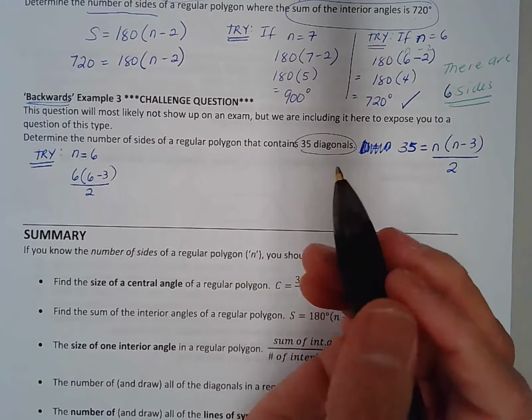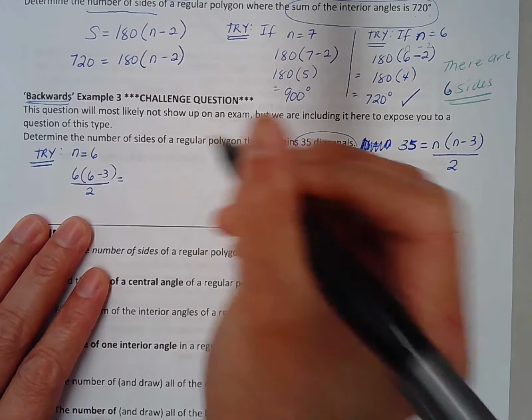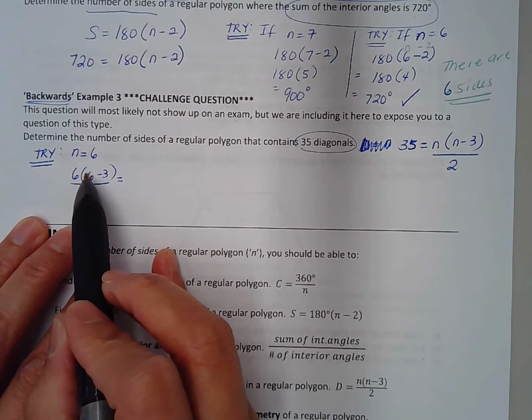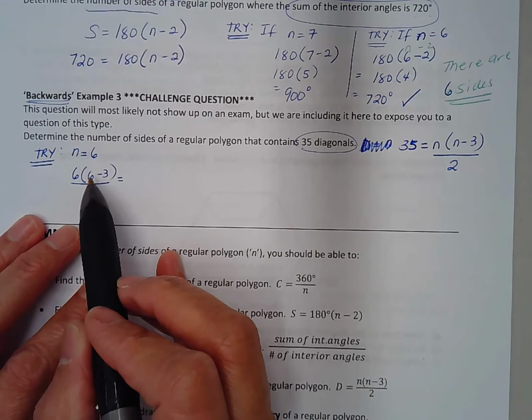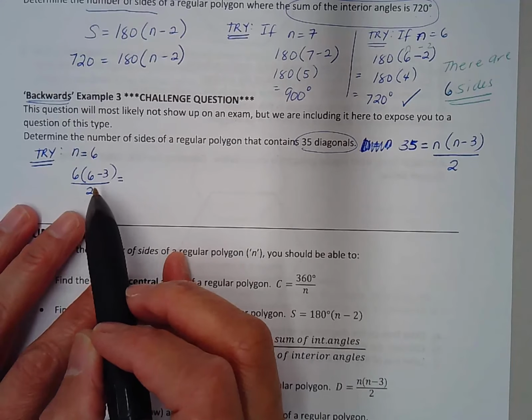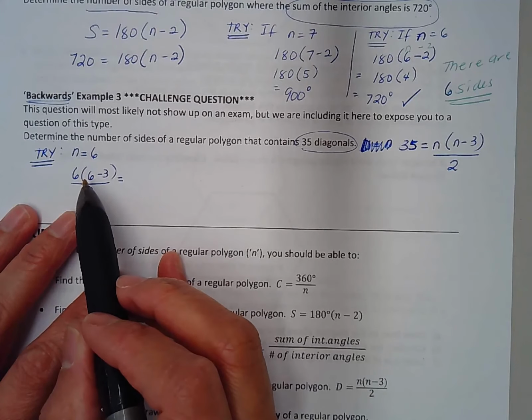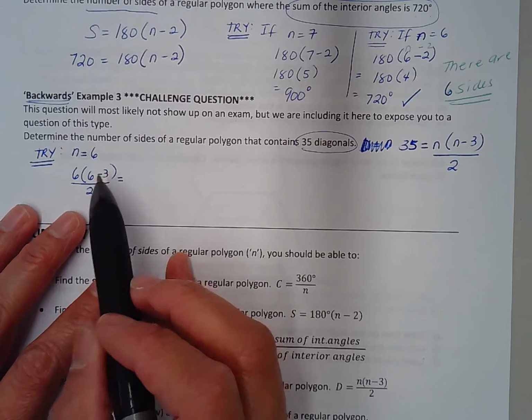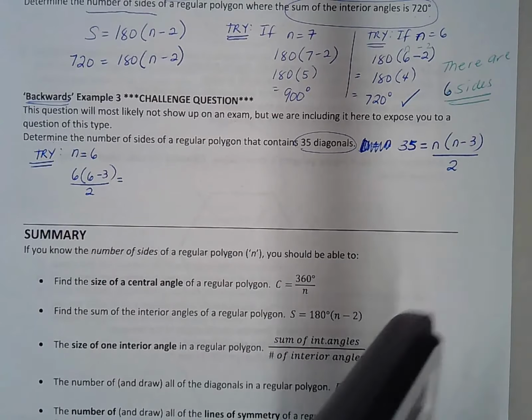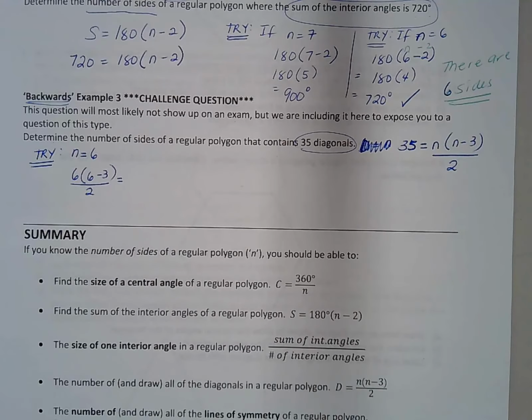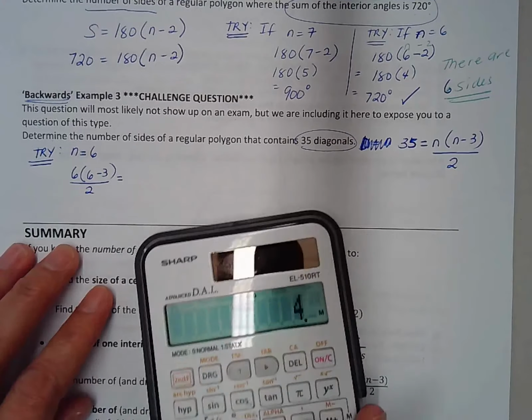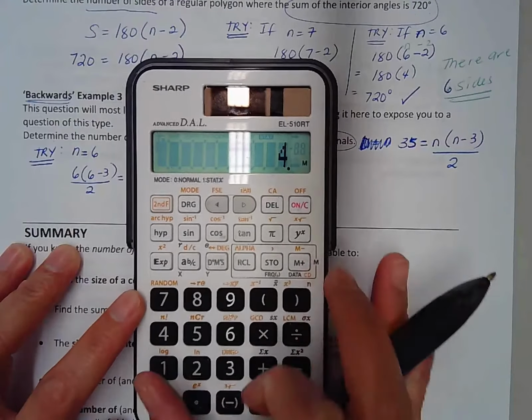Let's do this on our calculator. What would this be? 6, brackets, times 6 minus 3, divided by 2. I got 34.5. I'm going to figure out the top.